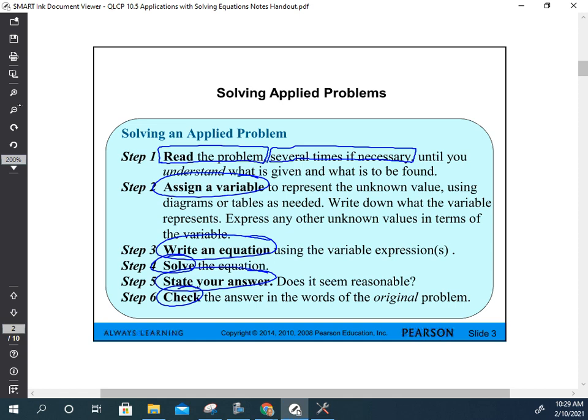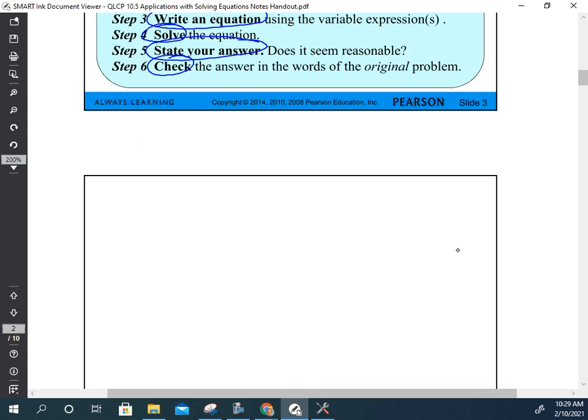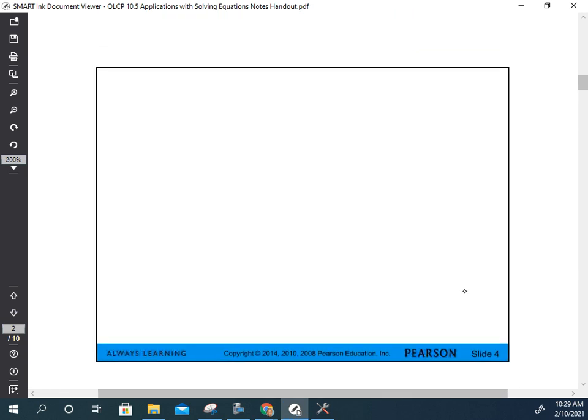So again, some of you will go through this process faster than others. But the key thing here is setting up and solving an equation. So the first 2 steps set up the rest of the problem. There's blank space here just to remind you of the steps for solving an equation.